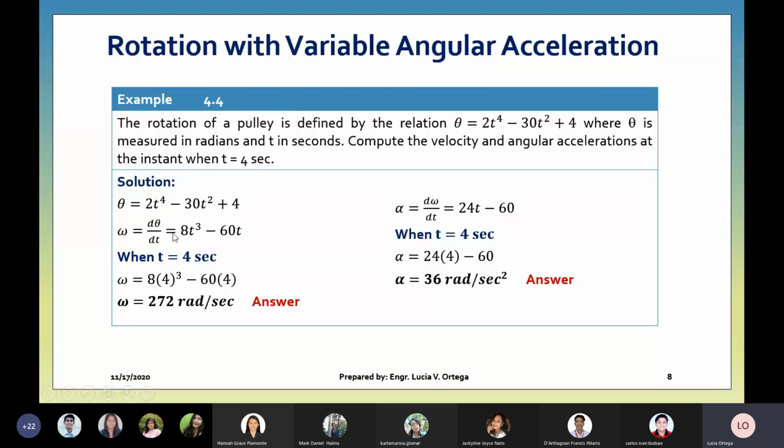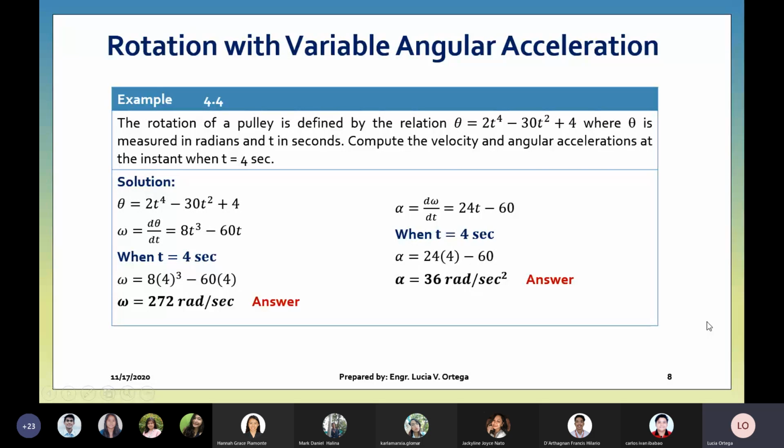So it would be 24t minus 60. When t equals 4 seconds, alpha is 24 times 4 minus 60, and the answer is 36 radians per second squared.